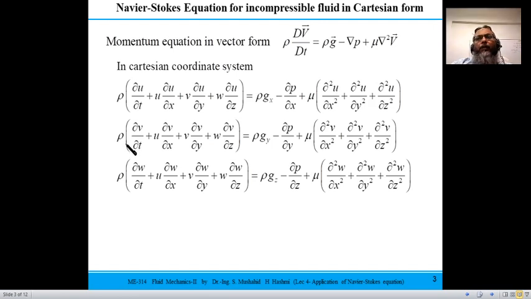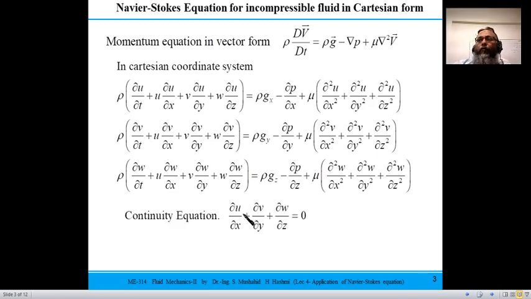Similarly, we have the momentum equation for the y direction, and this is the momentum equation for the z direction. How to recognize them: velocity in the x direction is u, velocity in the y direction is v, and velocity in the z direction is w. We will restrict ourselves throughout the course to this notation.